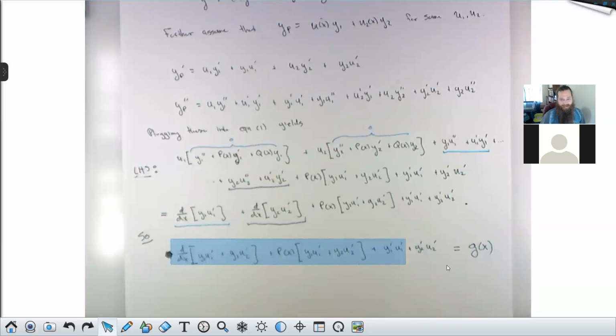This is kind of looking like your original ODE. And you can think of this as a piece and that same piece showing up here. These are parts of derivatives of those. But at this stage, we're going to make an additional assumption. And this is where people get lost in variation of parameters. If you wanted to cook this up for yourself, this is the step where you go like, what the fuck? Why would anybody do that?